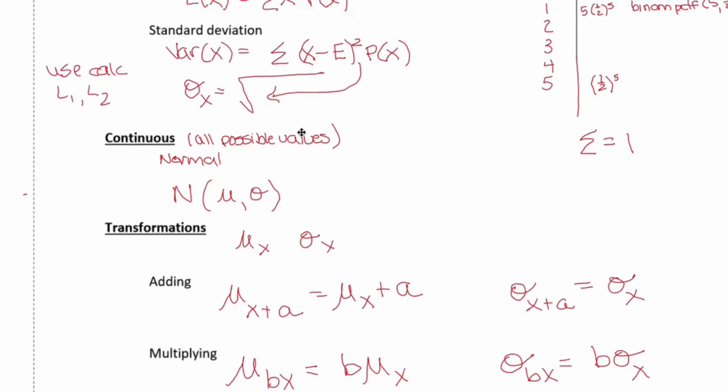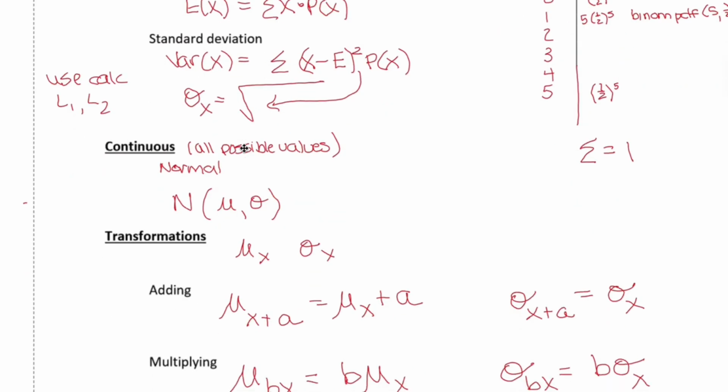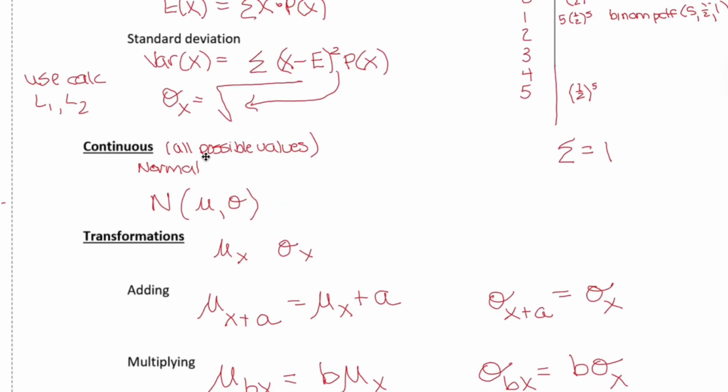After talking about discrete variables, we're moving on to continuous variables, which are the variables that we deal with a lot. This represents all possible values, and if it's normal, then it's very good for us, because we can use a lot of functions on our calculator to find different probabilities.